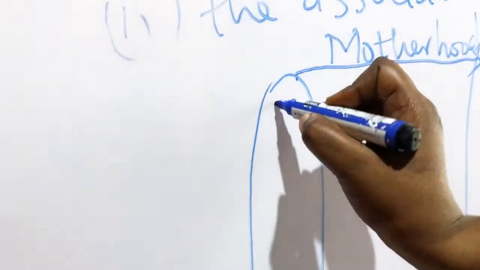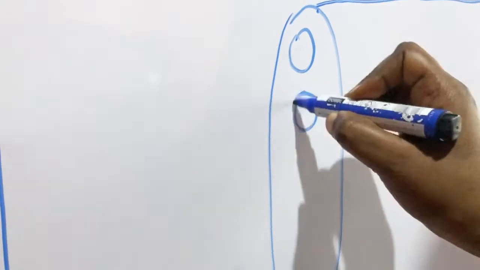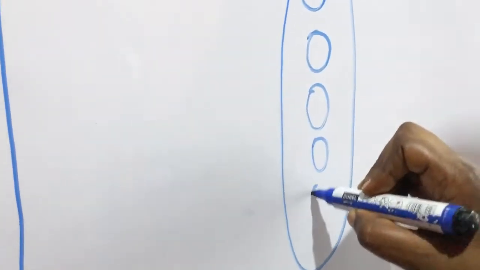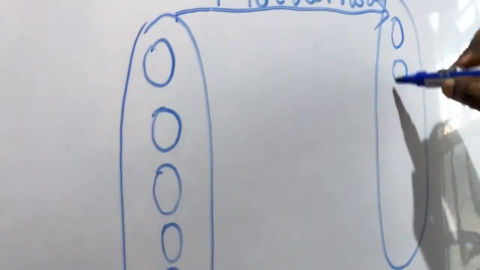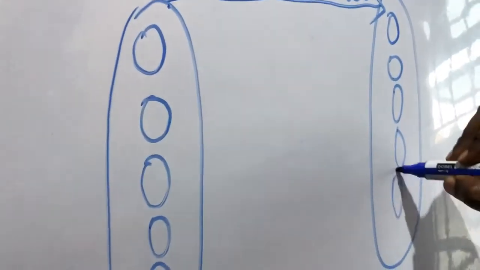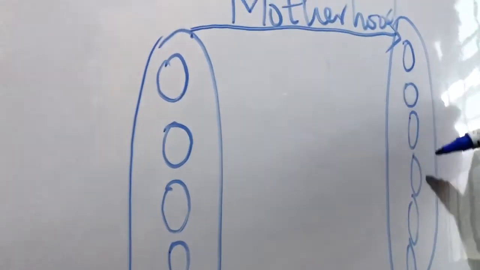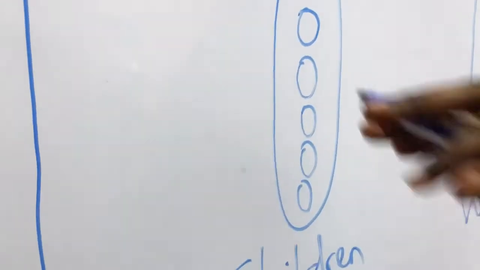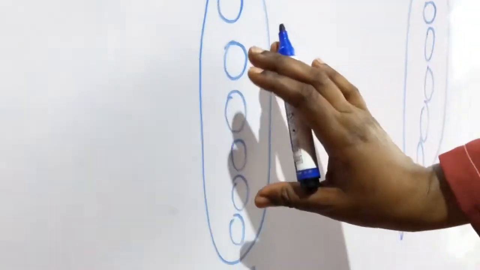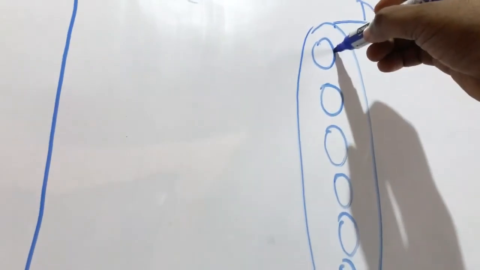Now, let's say this is one child, another one, another one, another one, another one, another one. And we have how many women? Let's say we have 1, 2, 3, 4, 5, 6. We have 6 children and we have 6 women. So this one is now looking for his or her mother.